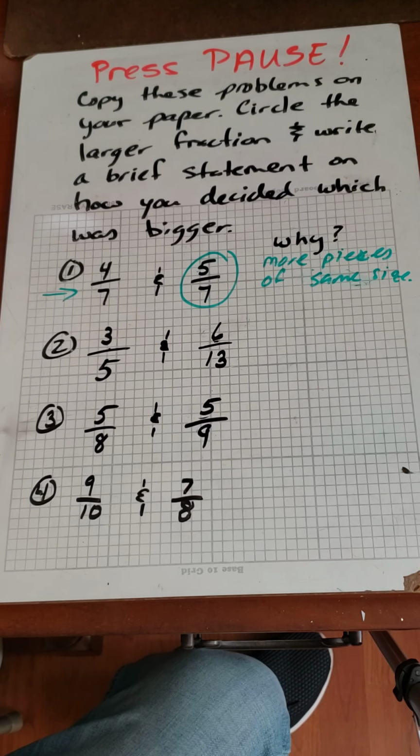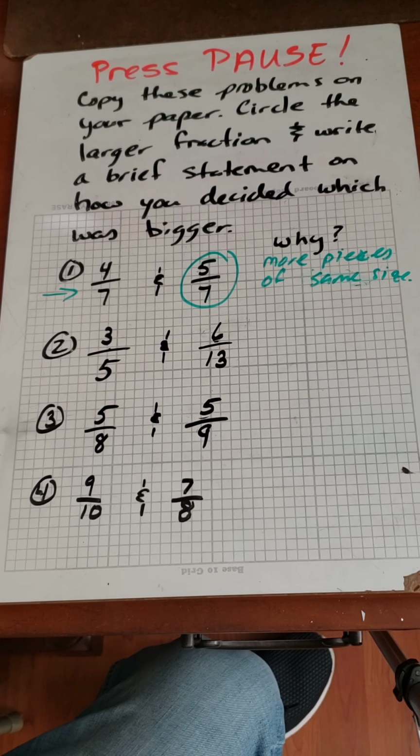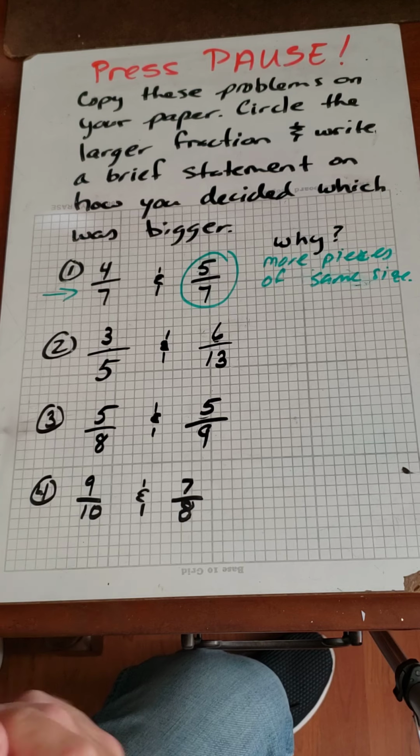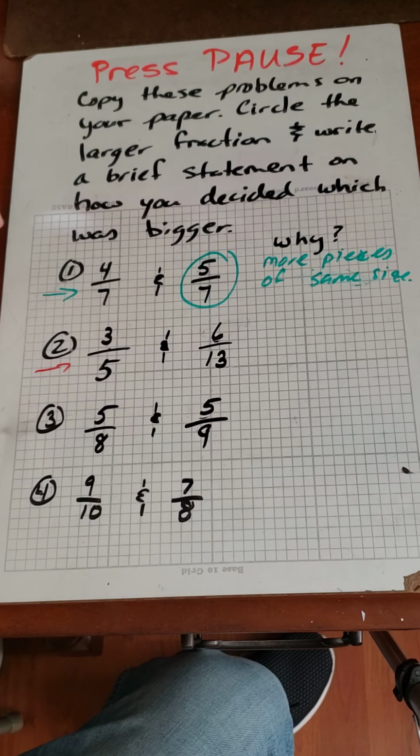Okay. Now, looking at the next ones, I'm not sure what you think is easiest. I'm going to go ahead and do the second one. I think the second one's probably the next easiest one, because here's how I do it.